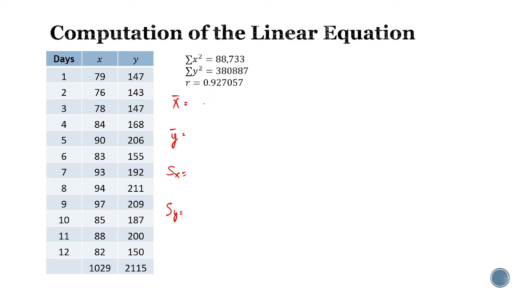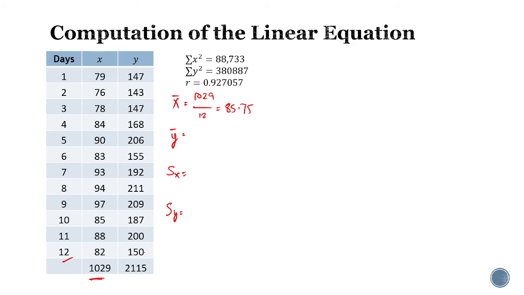So para dun sa ating mean of x, is just yung ating sum of x's, which is 1029, divided by our number of days or number of samples, which is 12. So if you are to compute that, that will be actually 85.75.